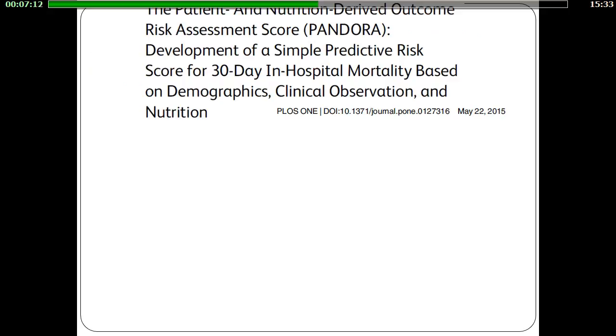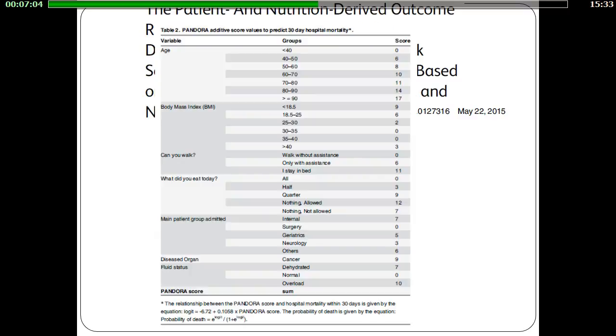The Pandora score, which comes from Europe, from Michael Ismayer in Austria, was also recently published in PLOS ONE. And in this score, age, BMI, and also functional aspects were used to calculate the score. So can you walk? What did you eat today? Main patient group admitted, either internal medicine, surgery, geriatrics, neurology, or others.